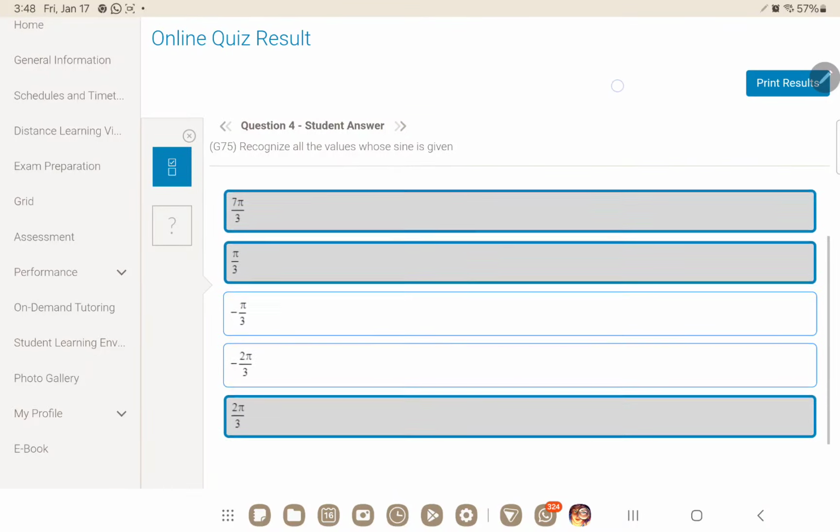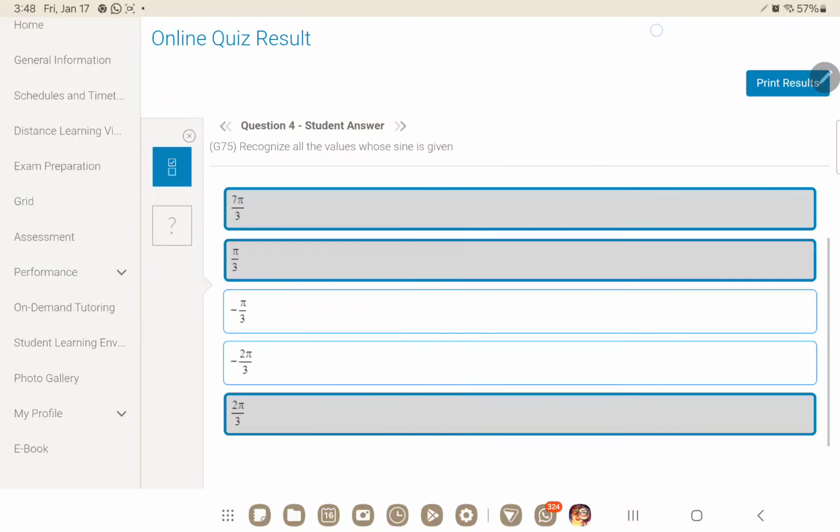Okay, so here we have the exact same thing but with sine. So it's sine theta equals radical 3 over 2. If you look at your table again, you're going to find that sine 60 gives you radical 3 over 2. 60 is pi over 3. So pi over 3 is your first angle.